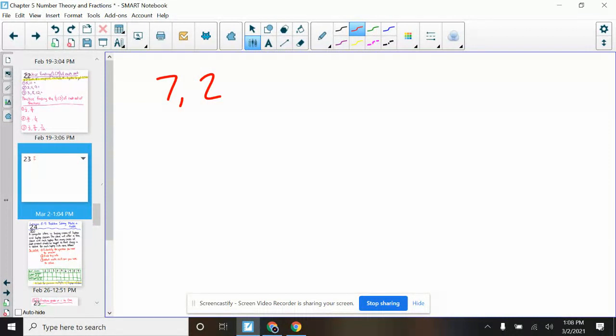In this situation, what kind of a number is 7? Everybody? Prime. What kind of a number is 2? Prime. So yesterday in class, we learned a little shortcut that helps us when both of them are prime. What's the quick trick that we can do?